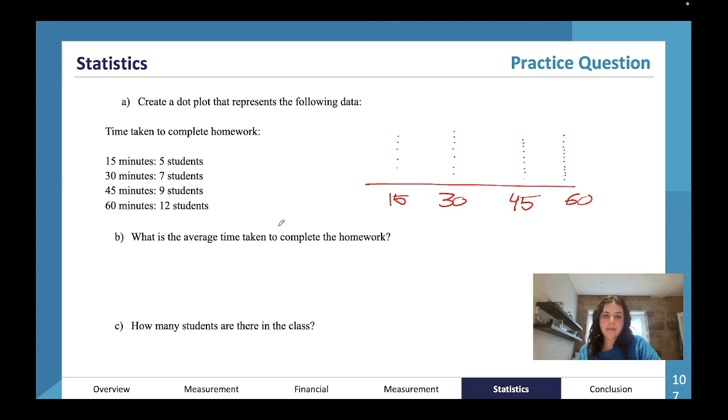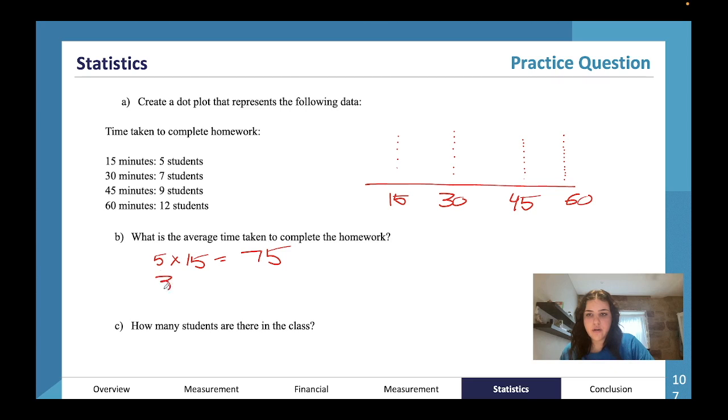What is the average time taken to complete homework? So we'd need to find the average by adding them all together and then dividing by the number of time or the number of people involved. So 5 people take 15 minutes. So we've got 5 times 15. 5 times 15 would be 75.